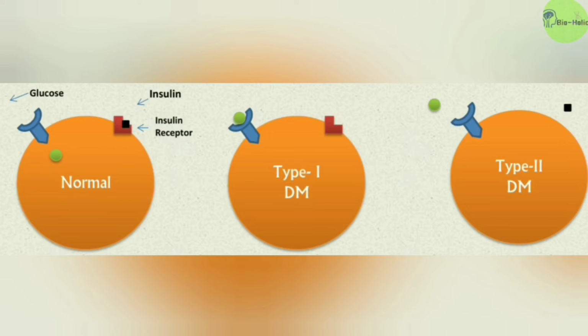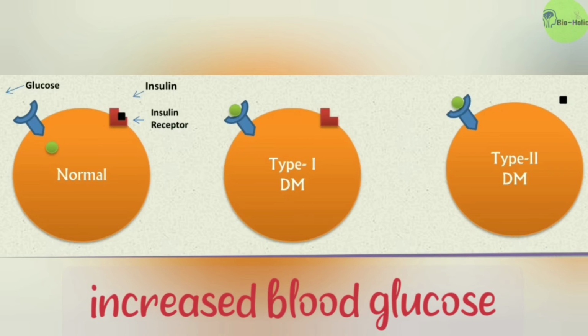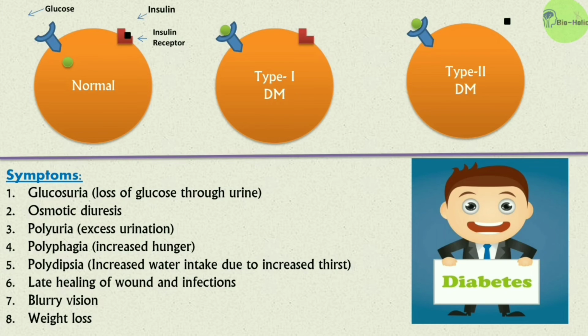So, in this case also, glucose cannot enter the cell. Thus, in diabetes mellitus, as the cell cannot utilize glucose, the blood glucose level increases. Clear?